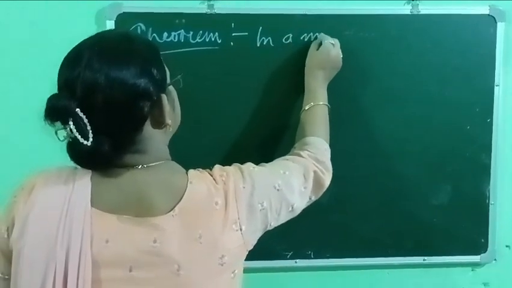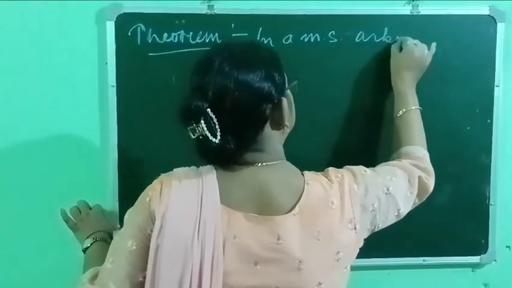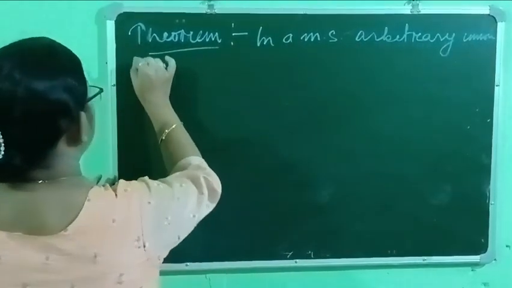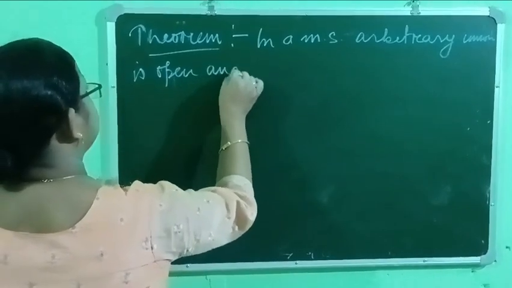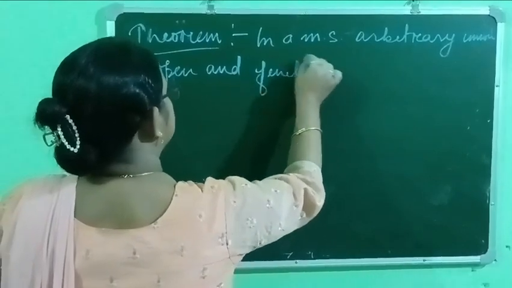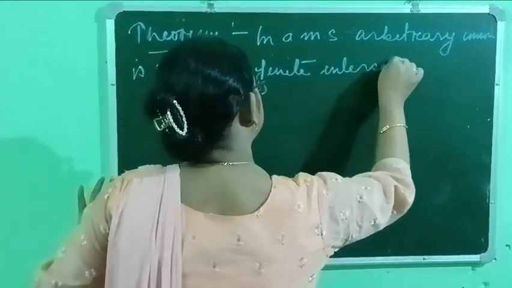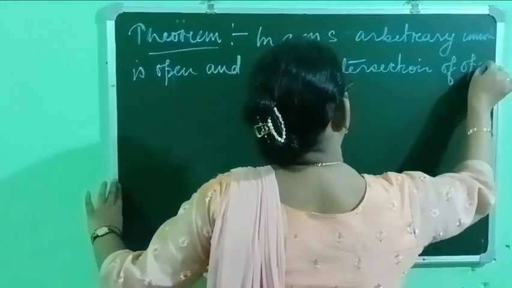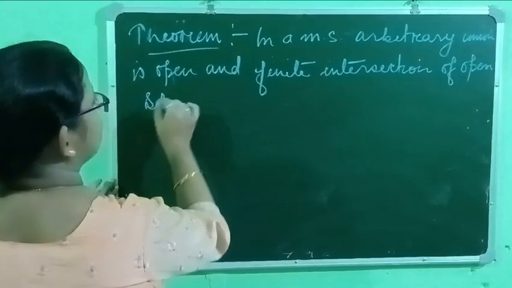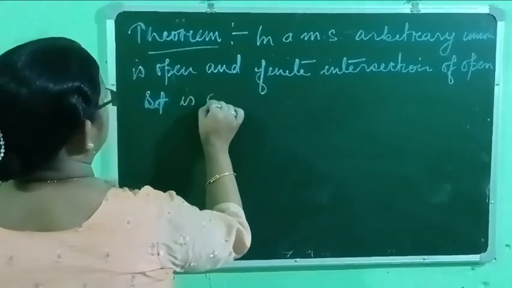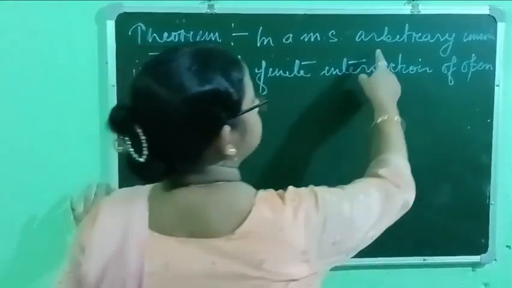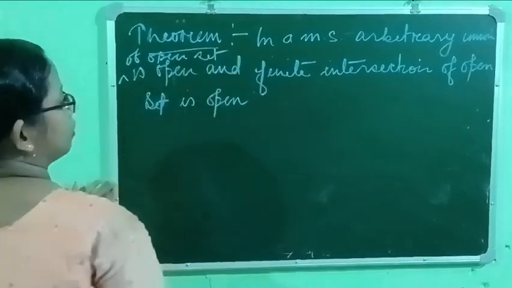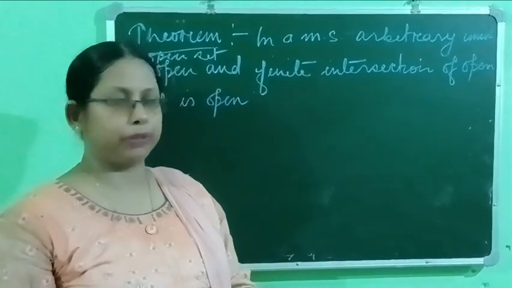In a metric space, arbitrary union of open sets is open and finite intersection of open sets is open.